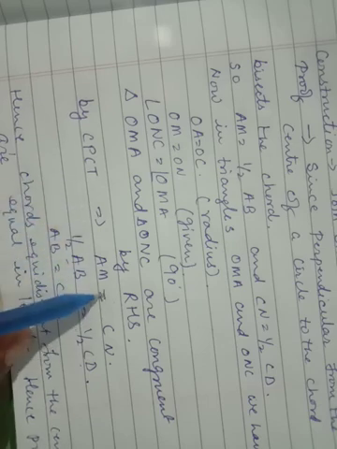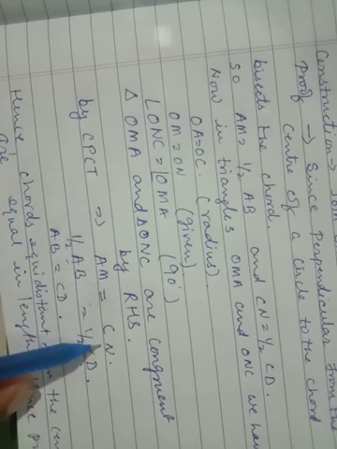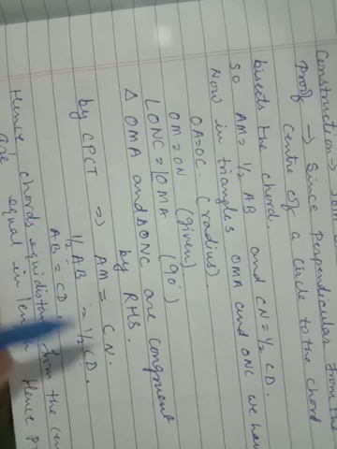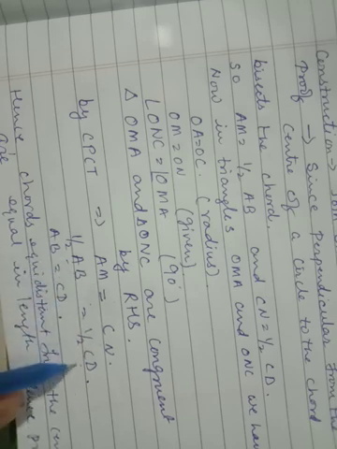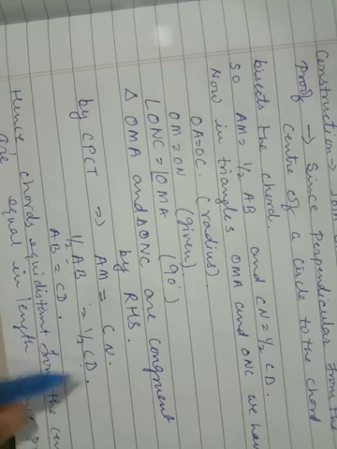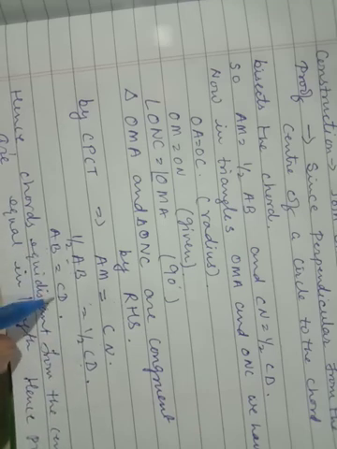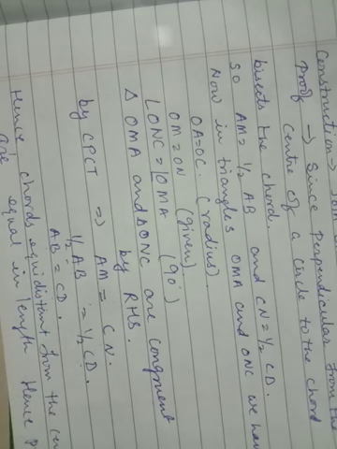By CPCT we take AM is equal to CN, and AM and CN are half of AB and half of CD, because perpendiculars from the center bisect the chord, so we can write AB is equal to CD. Hence the chords equidistant from the center of a circle are equal in length.